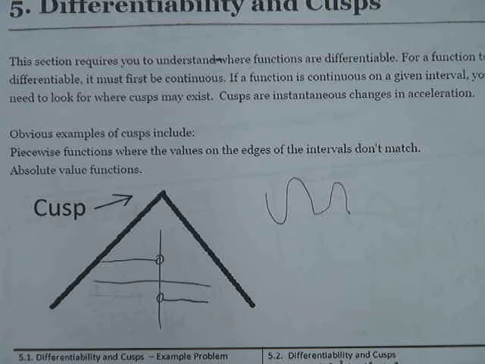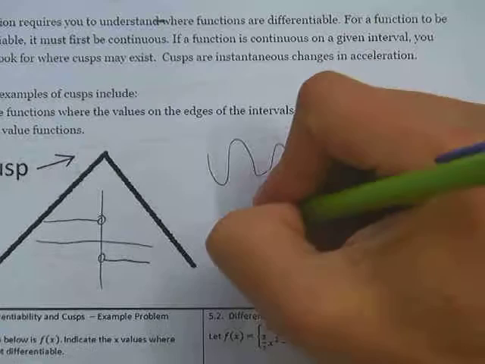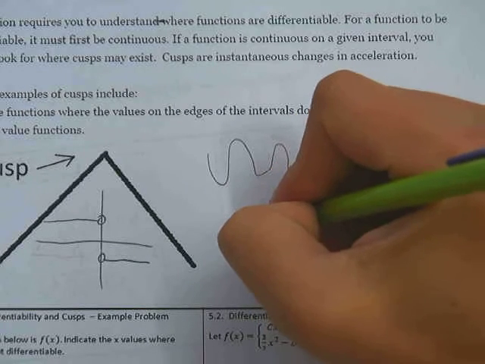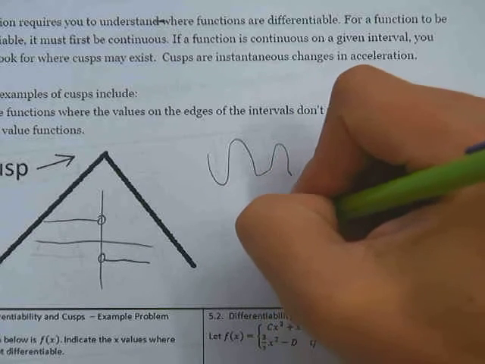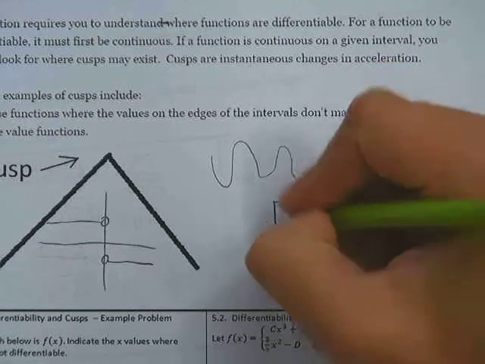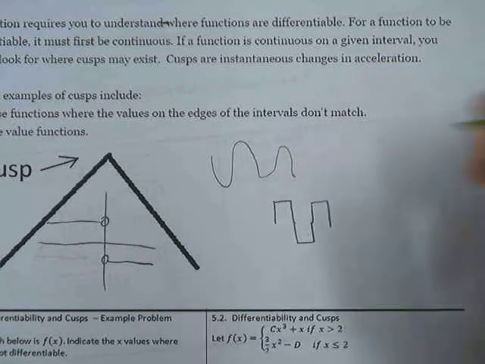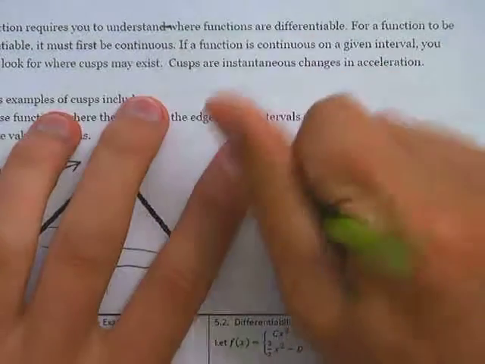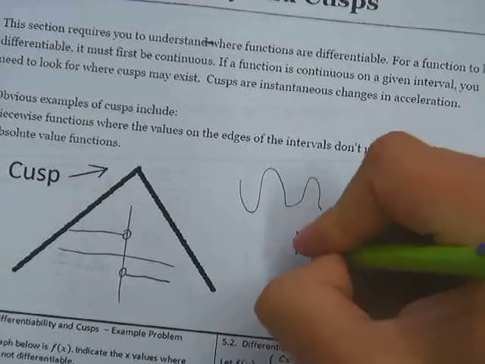So cusps are instantaneous changes in acceleration. As Mr. Buckley says, cusps don't exist in the real world. Even things like square waves, when I was an engineer, these are what square waves look like. They go up and then they go down, like 1, 0, 1, and actually they had spaces in between.